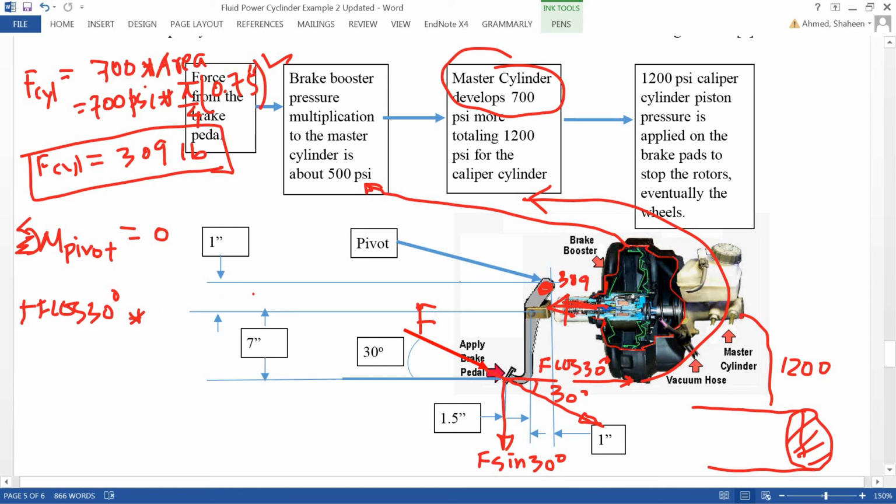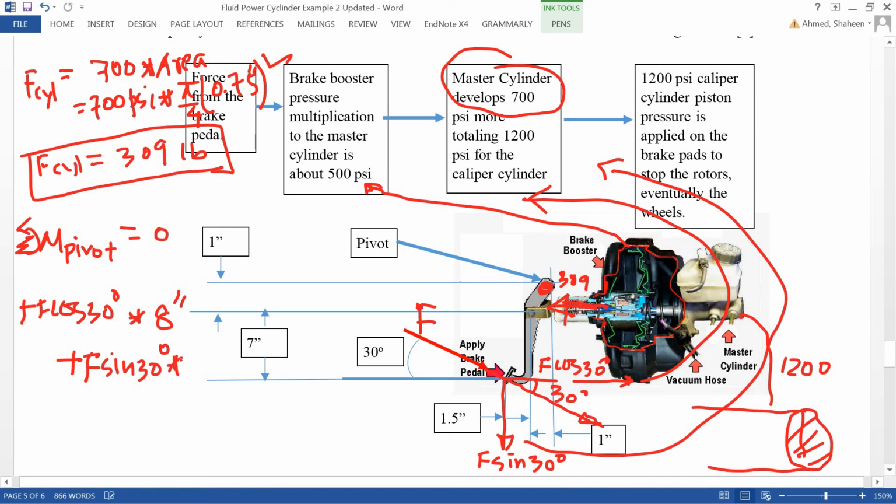That is from 1 inch and 7 inch, about 8 inches away from that pivot point, plus this force due to the sine 30, which will also make a counterclockwise moment with respect to the pivot. So that's plus F sine 30 degrees times 2.5 inches away from that pivot point.